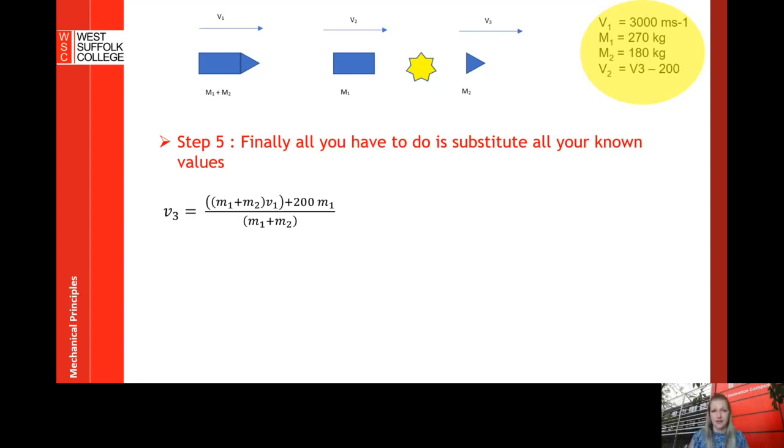Transporting that across from the previous slide, making sure that we've got our workings all the time labelled. The easy bit now is just looking in the right-hand corner for our values that we know. We can then pop them into that equation. Really easy. So I know that my M1 is 270. I know that my M2 is 180, not 150.